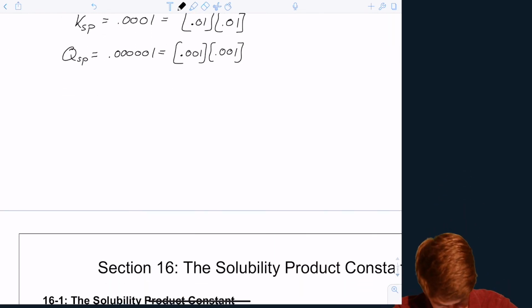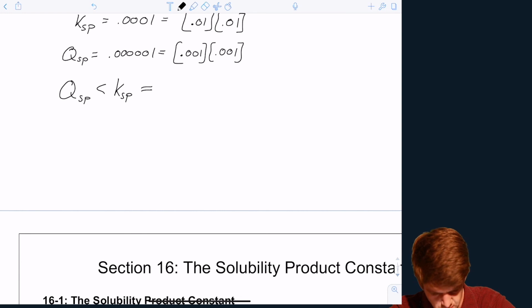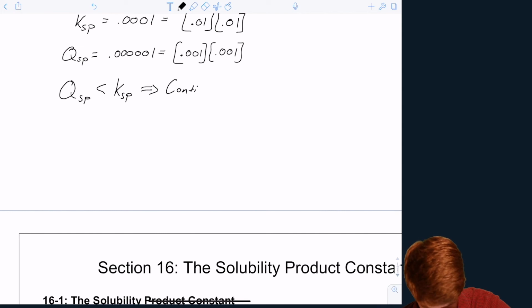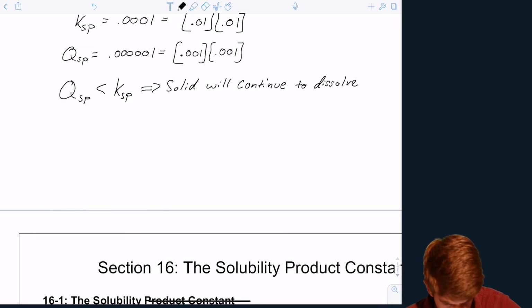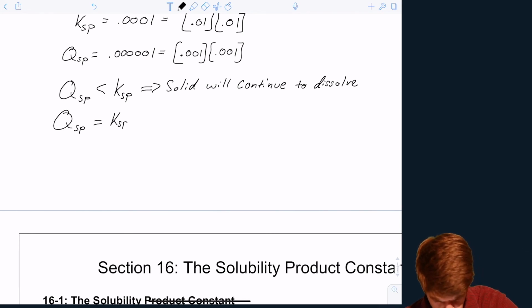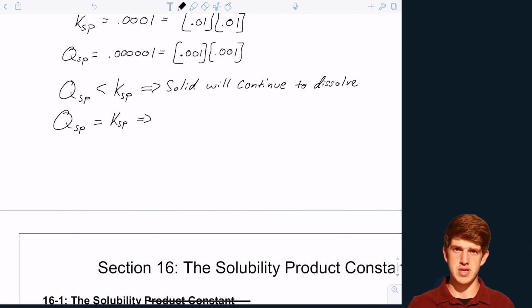To summarize this, if my Qsp is less than my Ksp, what's going to happen? My solid will continue to dissolve. What if my Qsp is equal to the Ksp? Well, that means the number of ions dissolved in solution is perfect.